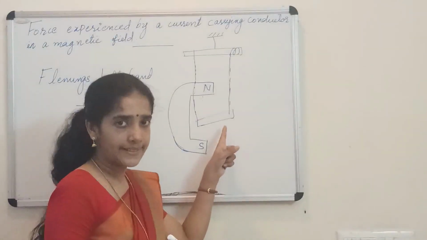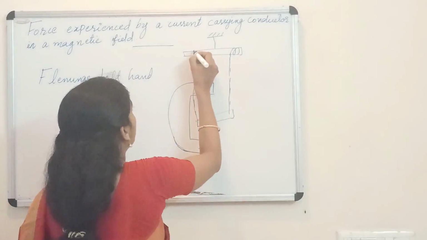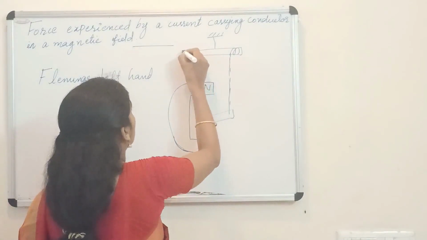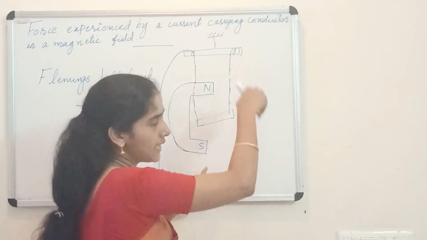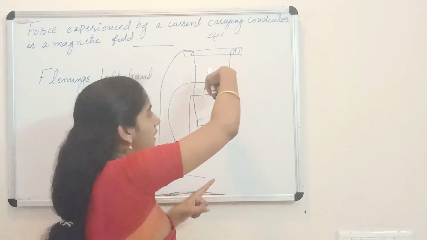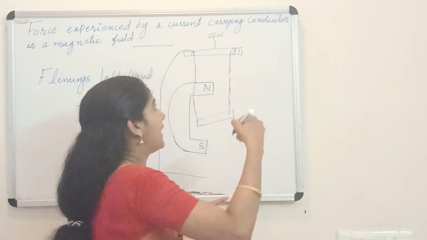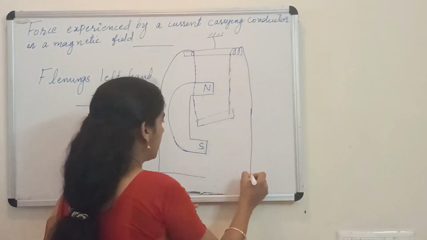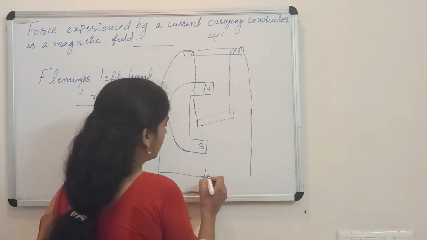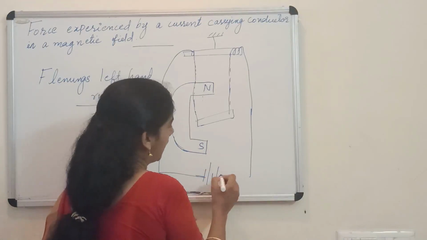Then only the conductor will act as a magnet. So here let me show the supply like this. In your textbook you can see there is a vertical stand, and from the stand this particular current carrying conductor is hanging. But here I made it like this. It's okay, you can make it any way, no issue. And here you show the supply line and the terminals.